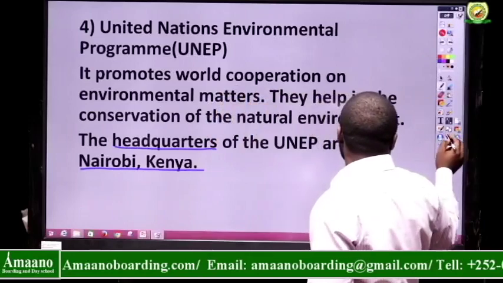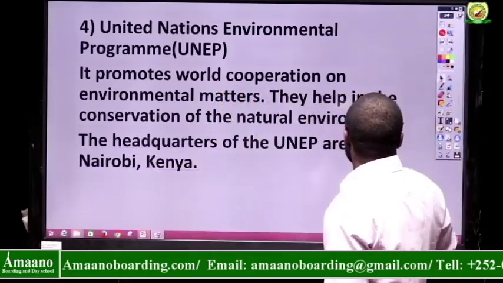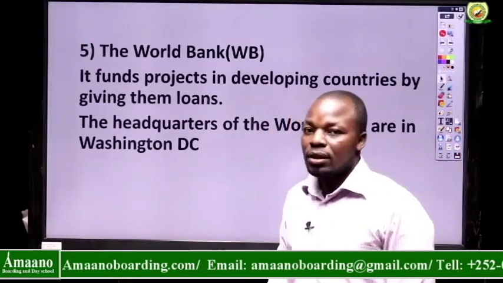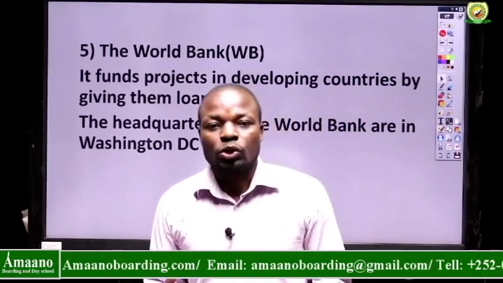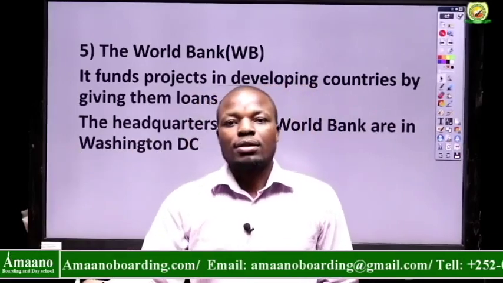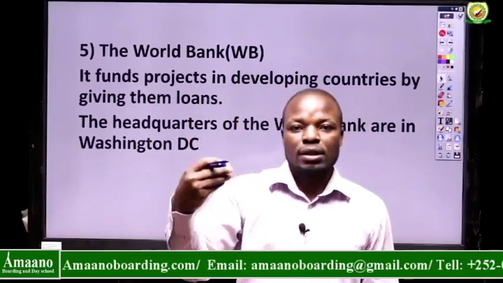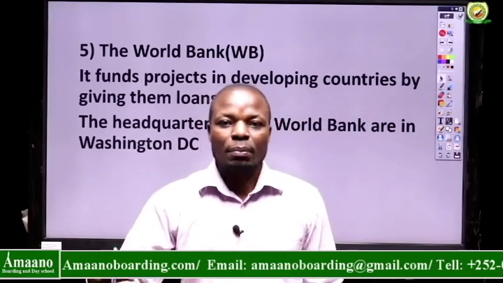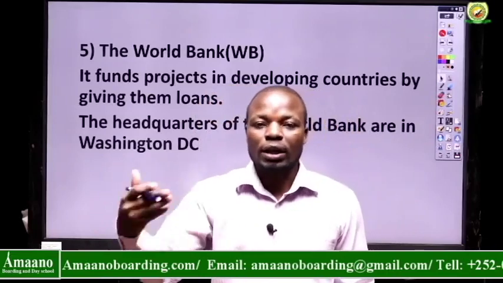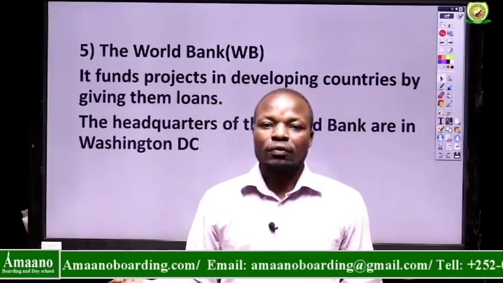Good. Moving to the next, we shall look at something else. The World Bank. World Bank is WB, and when we talk about a bank, we know what a bank does. A bank is responsible for ensuring that there is enough money and money is circulating among people to ensure that the economy of a country or all the countries of the United Nations are developed.